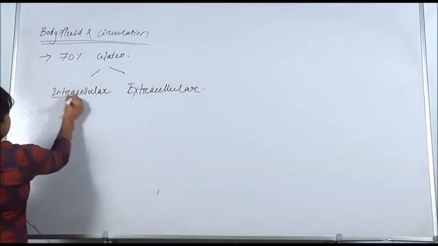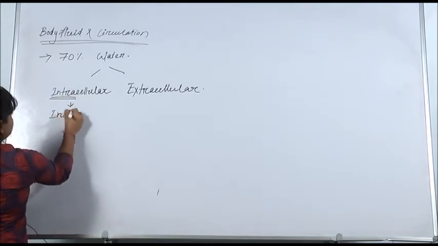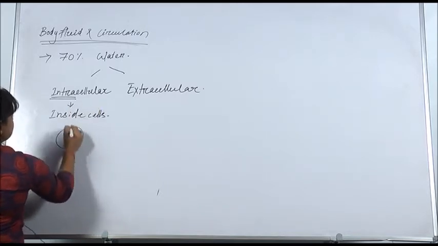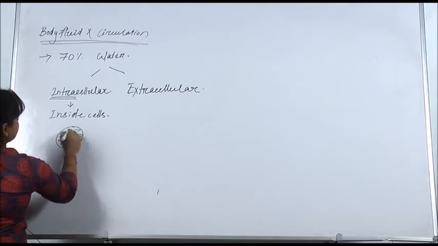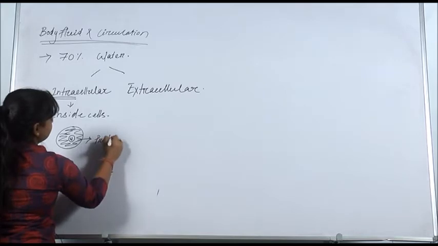As the name suggests, intracellular means inside the cell. Suppose this is a cell, this is the nucleus, and this part of the cell consists of water, known as protoplasm.